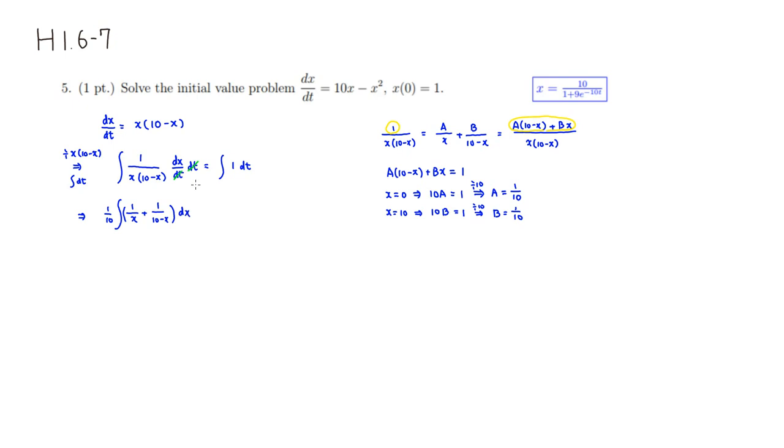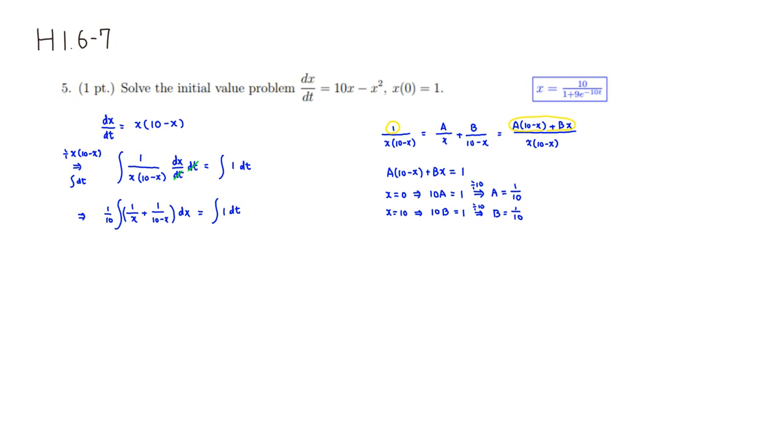And then the right hand side is easy enough, so I'm going to go ahead and find the antiderivative, which is t, and plus some constant. Actually, before we do that, I'm going to leave this as it is.